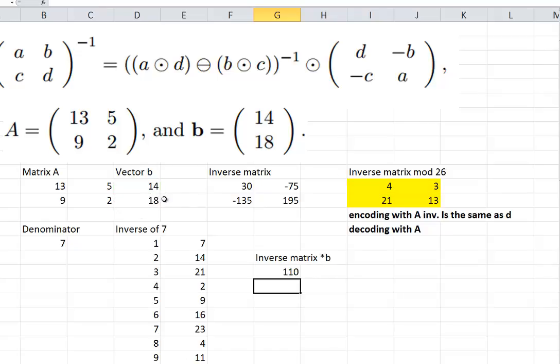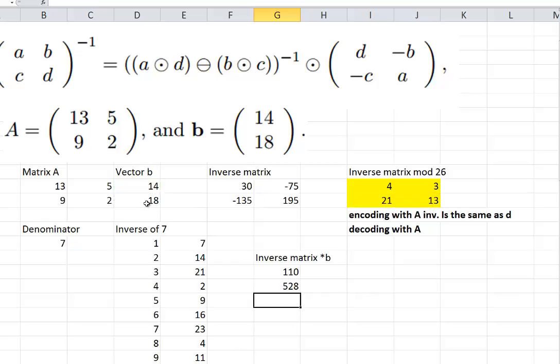Now, if I want the second entry in my inverse matrix times B, it's going to be the second row of the matrix times the column. Whoops, I forgot to put the times. So we'll do this times this plus this times this.